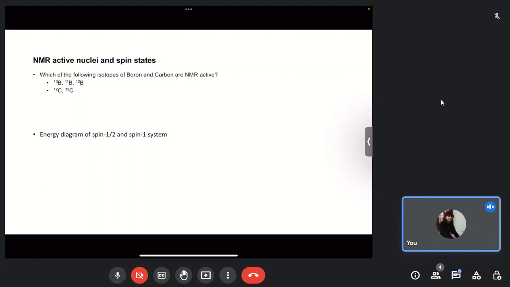In the first problem, we have been asked about a couple of isotopes of boron and carbon, and which is NMR active.